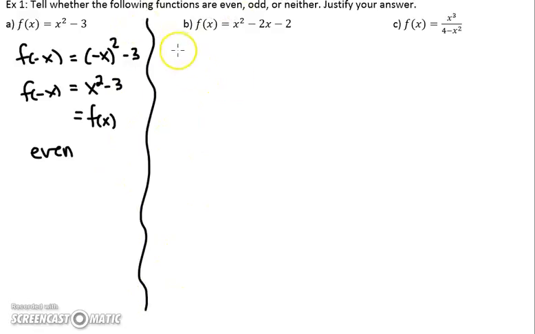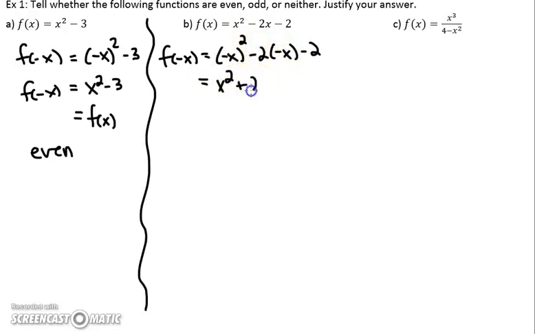So if we look at the next one, again, let's start with f of negative x. That's going to be negative x squared minus 2 times negative x minus 2. So negative x squared is going to be x squared. Negative 2 and negative x is going to be positive 2x and then minus 2.